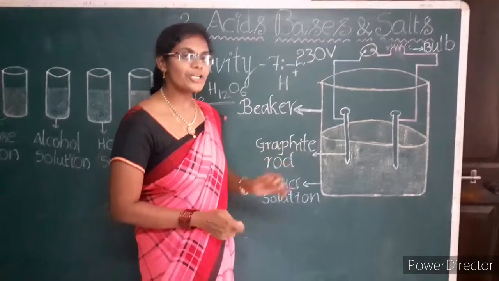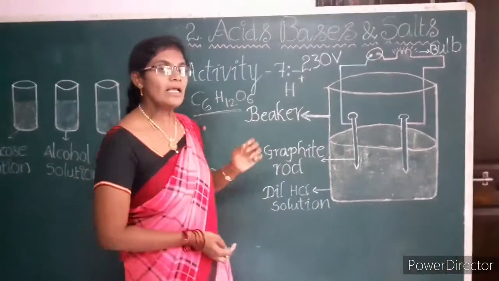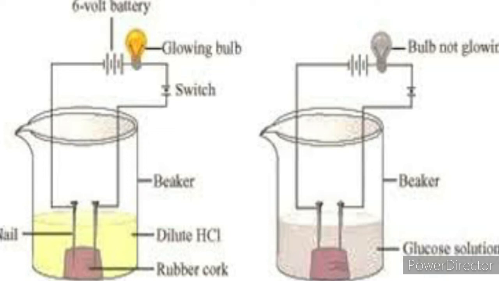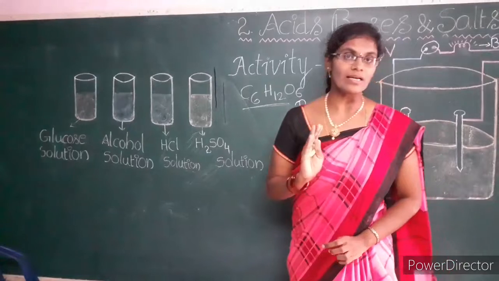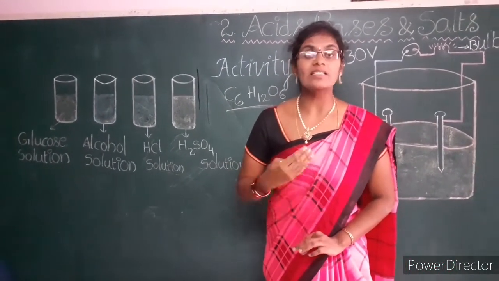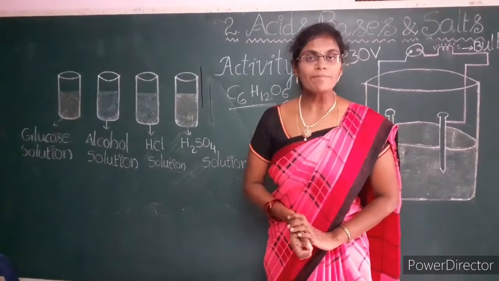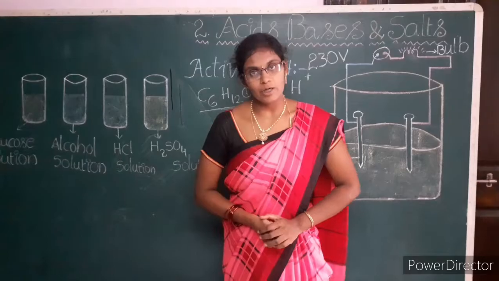In this case, children, what do you notice? This solution also contains hydrogen atoms, yet the bulb doesn't glow, because glucose contains hydrogen atoms but in aqueous solution it doesn't produce hydrogen ions. So that's why the bulb doesn't glow.